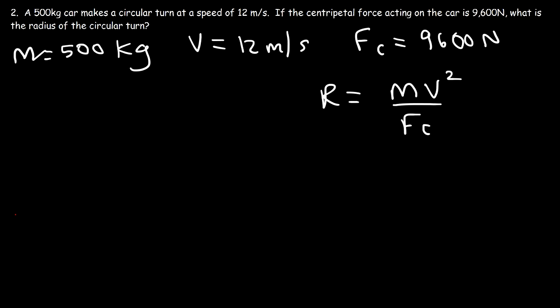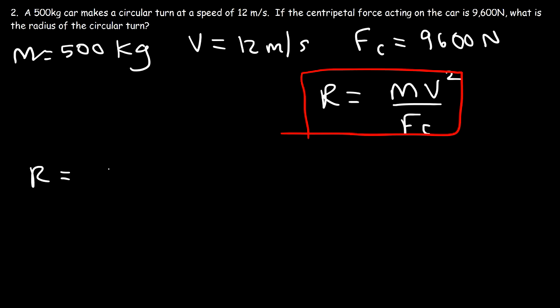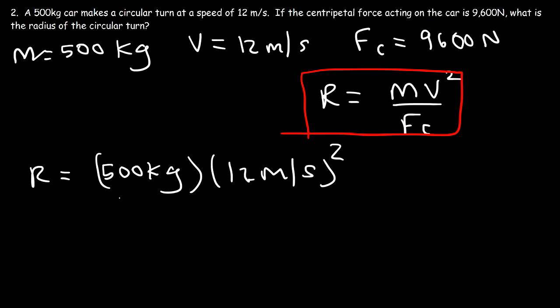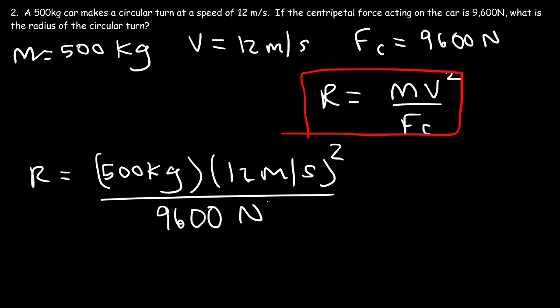So this is the formula that we need for this problem. Let's go ahead and get the answer. It's going to be the mass, which is 500 kilograms, multiplied by a speed of 12 meters per second squared, divided by the centripetal force of 9,600 newtons.